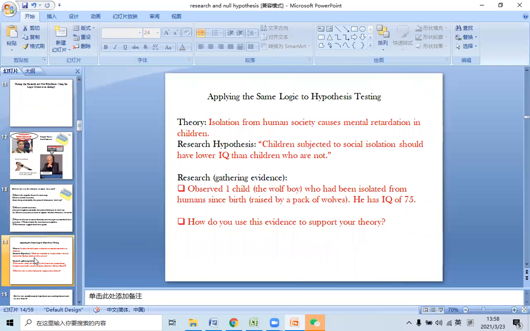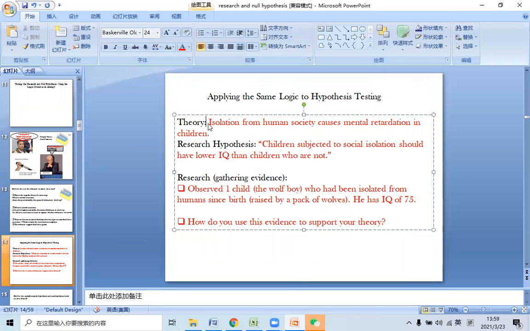In research, we use the same logic and the same process. Here we apply the same logic to our hypothesis testing. Suppose you have a theory: social isolation causes mental retardation in children. Suppose you believe that not having the opportunity to have contact with other humans would cause kids to be mentally retarded.